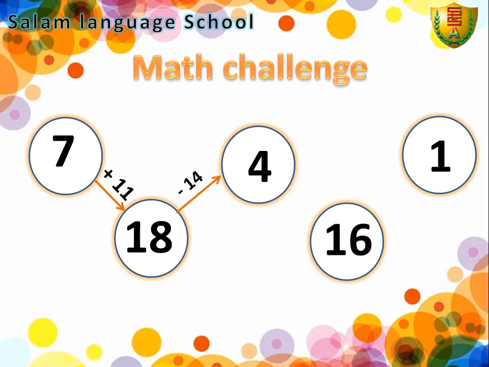This means it's getting smaller. We subtract 14. The number 4 goes to 16. This means it's become bigger. We add 12. The number 16 becomes 1. This means we subtract 15.